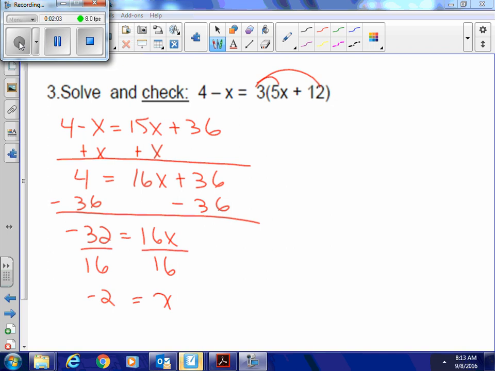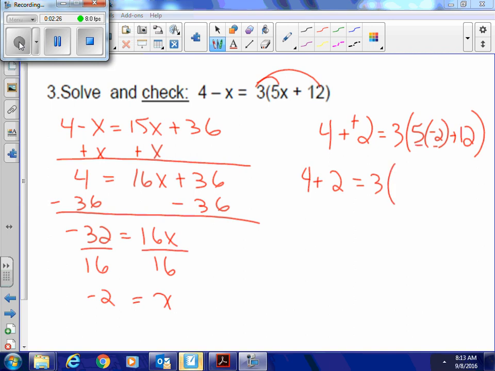Now let's plug that in. 4 minus negative 2, does that equal 3 times 5 times negative 2 plus 12? On this part, we will use the order of operations, which means I'm looking inside the parentheses. So I'll copy down. By the way, minus a minus is plus a positive. 3 times.